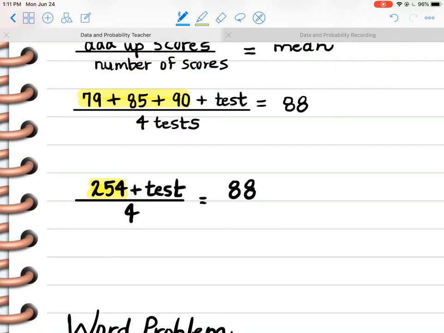But if you've had it, or if you have had algebra before, hopefully this is not too bad. Okay, what we're trying to do here is isolate this test. We want to know what the test has to be in order to make this average come out right. So the other side is your constant side.